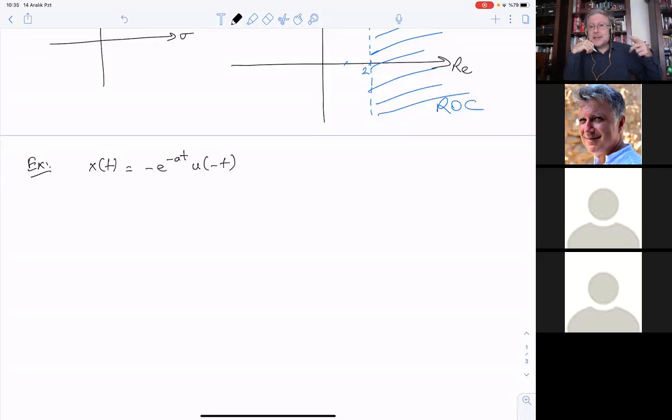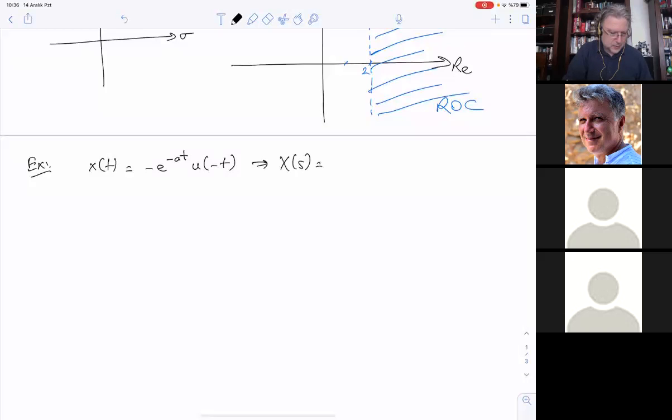If a is negative, it will be a decaying exponential towards the left, and of course towards the right-hand side it will be a growing exponential. So it depends on which side you're looking at, and since it is u of minus t, we are looking at the left-hand side. Okay, whatever. Let's find the Laplace transform of this one.